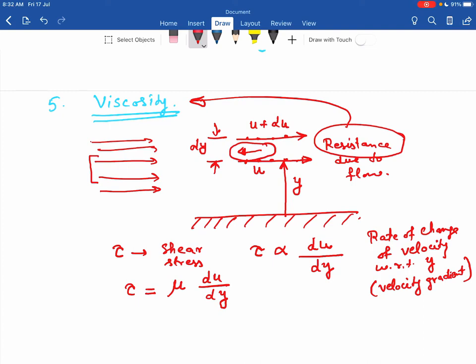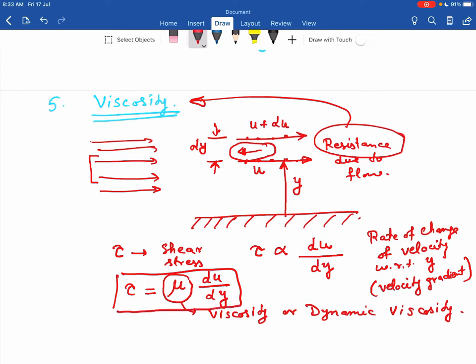This constant of proportionality mu, we call viscosity or dynamic viscosity. And this equation is known as Newton's law of viscosity.